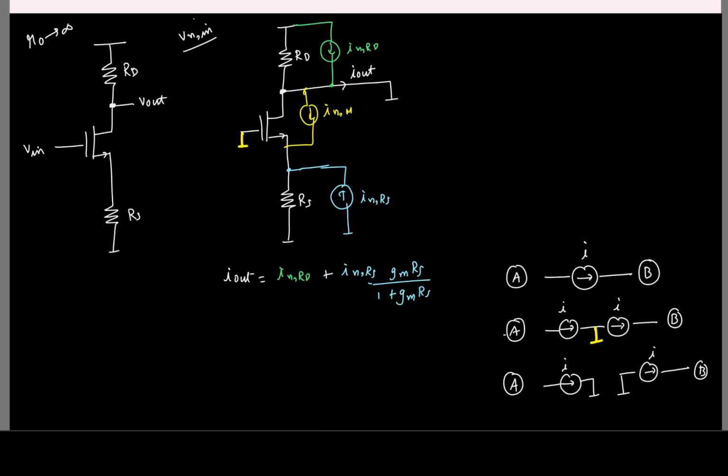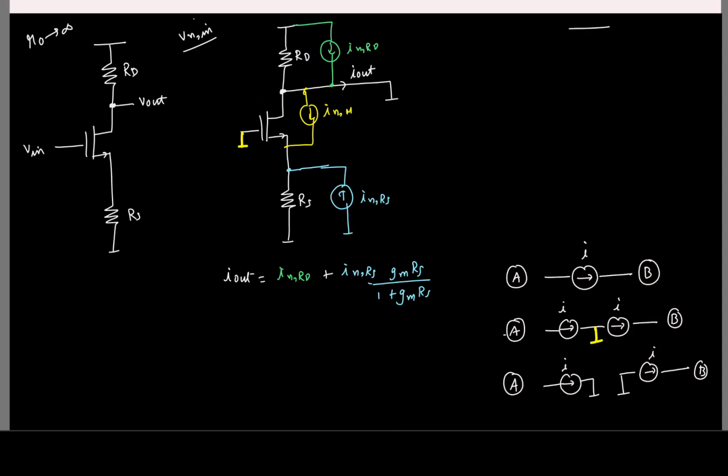For all that matters, in the original circuit I had a current I being pulled out of the node A. I have the same scenario here. On the other side, I have the current I being pushed into the node B. I have the same thing. Okay. So this actually makes it easy for you to analyze noise contribution due to such floating current sources.